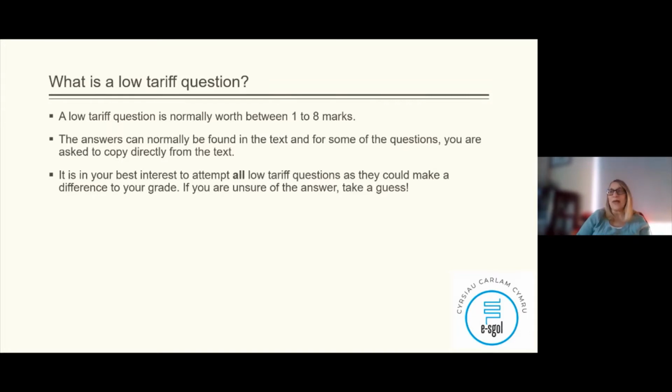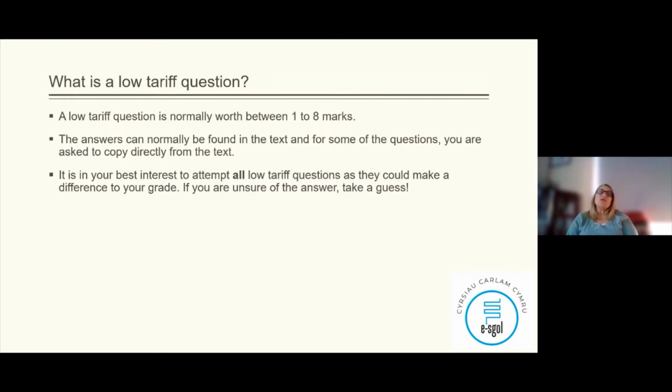It might be a web page, there might be instructions, there might be an extract from a novel. All of the answers will be in those texts, and sometimes you're asked to copy directly from the text.